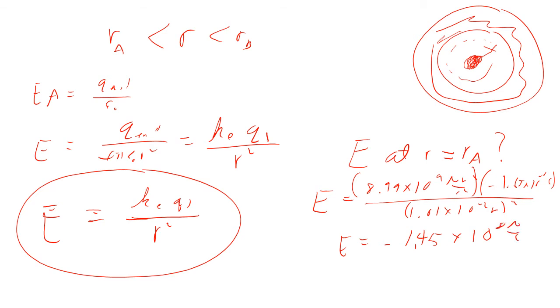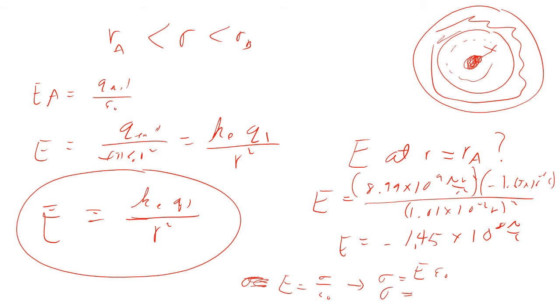By the way, we know that sigma at that surface should be, well, we know the electric field near the surface of a conductor is going to be equal to sigma over epsilon naught. So that means that sigma should be equal to E epsilon naught.